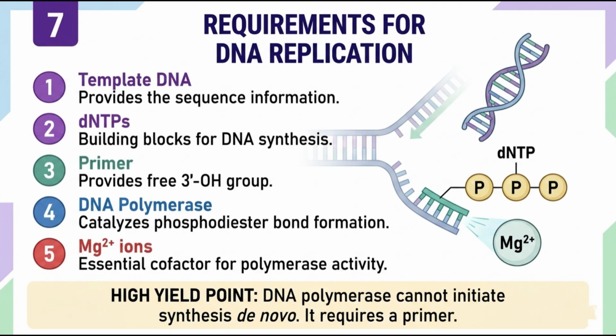These act as substrates and energy sources. Third is the primer. DNA polymerase requires a free 3' group to initiate synthesis. Fourth is DNA polymerase itself, which catalyzes phosphodiester bond formation. Fifth are Mg2+ ions, which are essential cofactors for catalysis.